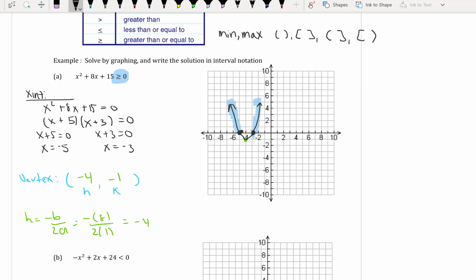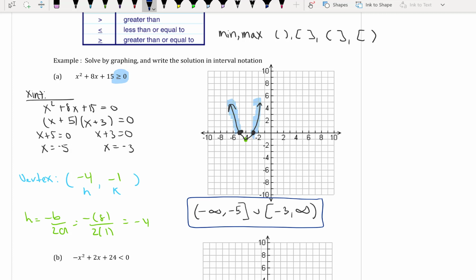In interval notation, that goes from negative infinity to negative 5. And at negative 5, it's a bracket because it's a filled-in closed circle, and I have greater than or equal to 0, union, and that next piece is negative 3 to positive infinity. So that ends up becoming my interval notation.